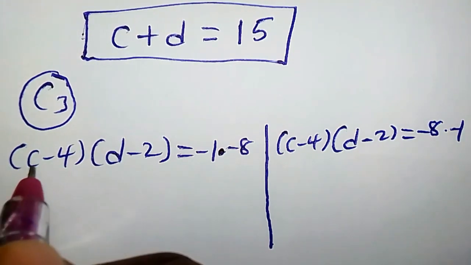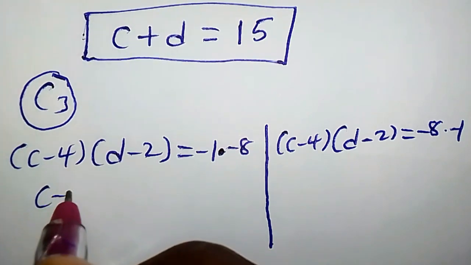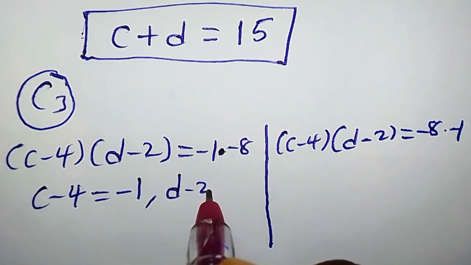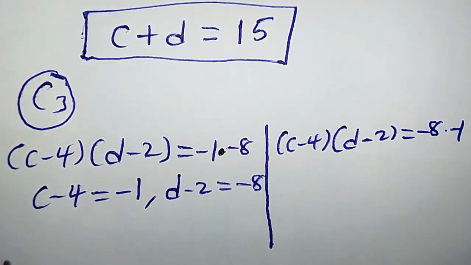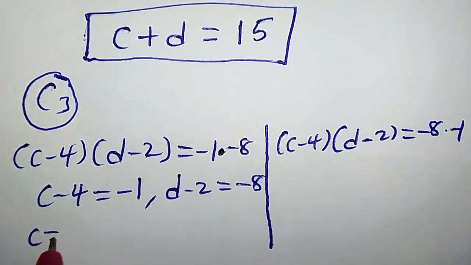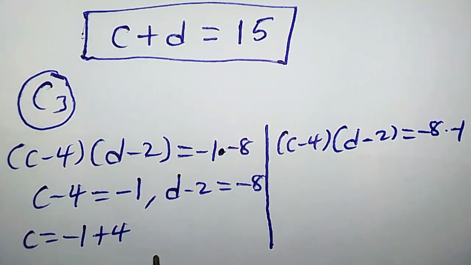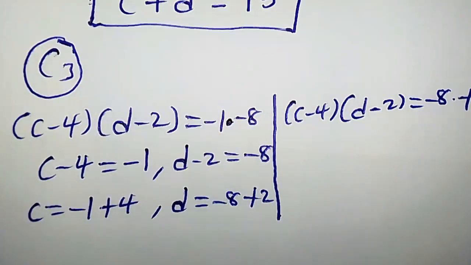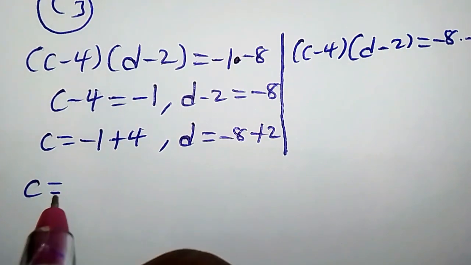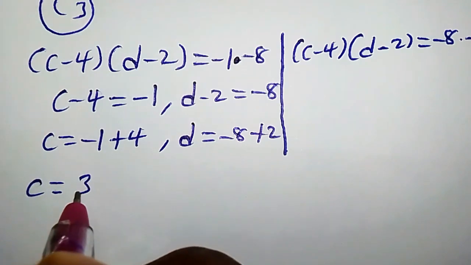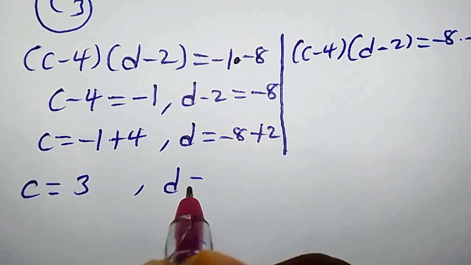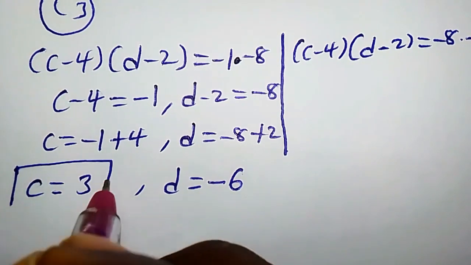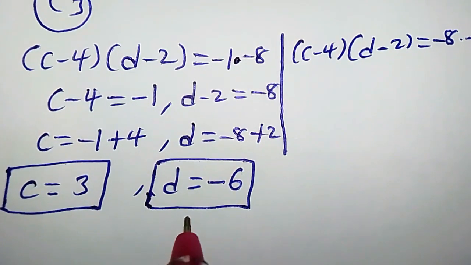As we did earlier, let us compare this equation. That will be C minus 4 equal to minus 1, D minus 2 equals minus 8. From this line, C is equal to minus 1 plus 4, D is equal to minus 8 plus 2. It is obvious that C is equal to 4 minus 1, that is 3, and D is equal to minus 8 plus 2, that is minus 6. This is the value of C, and this is the value of D.